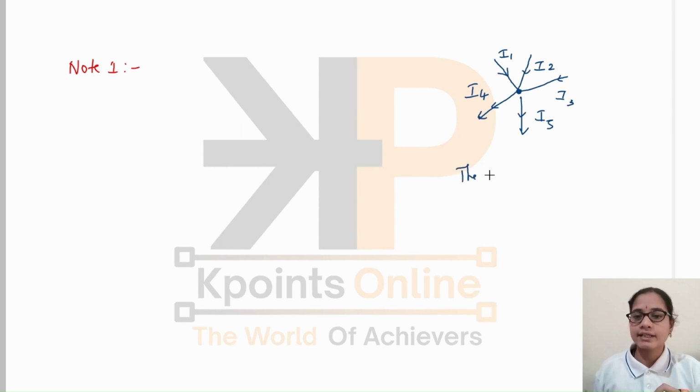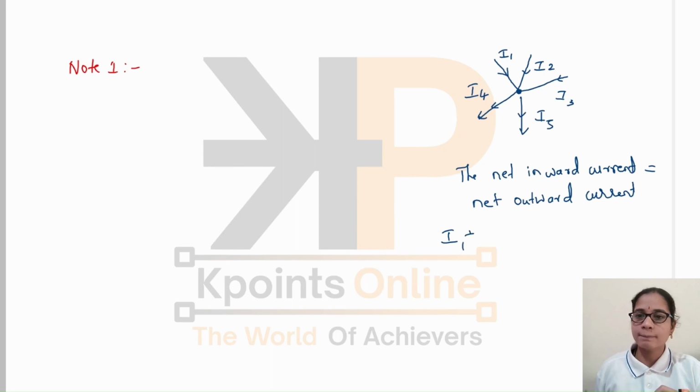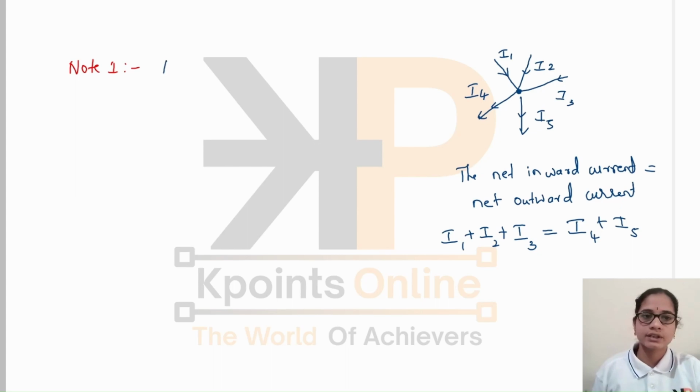Now the net inward current is equal to net outward current, which means I1 plus I2 plus I3 is equal to I4 plus I5. Hence, at any junction, the net inward current is equal to net outward current.